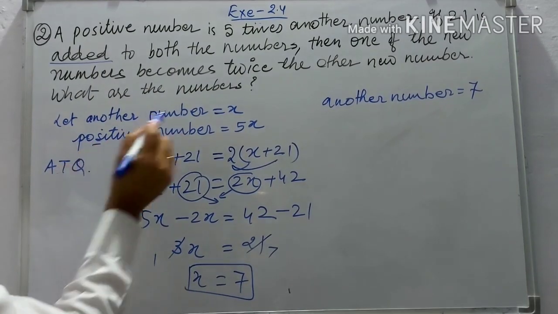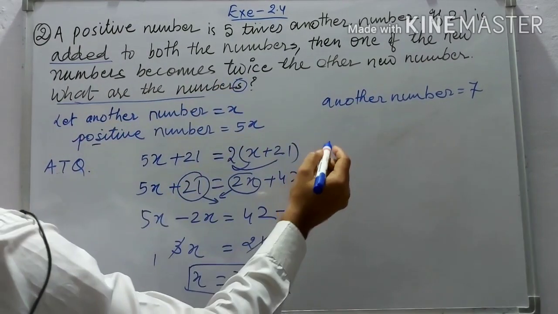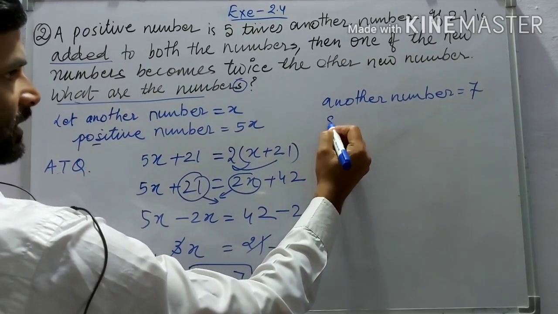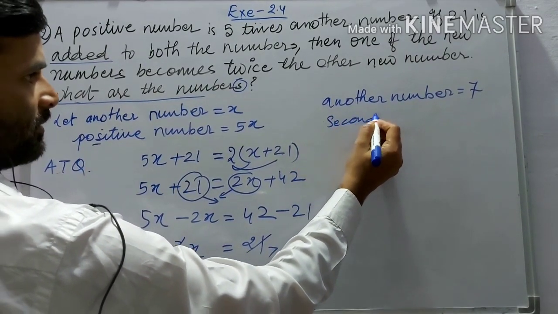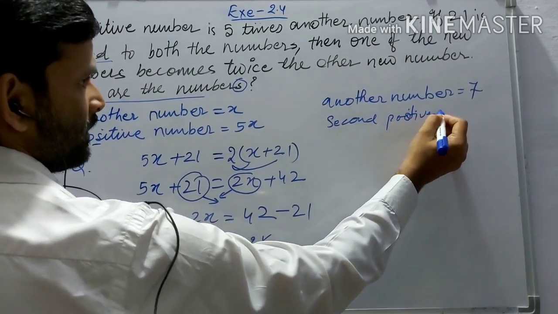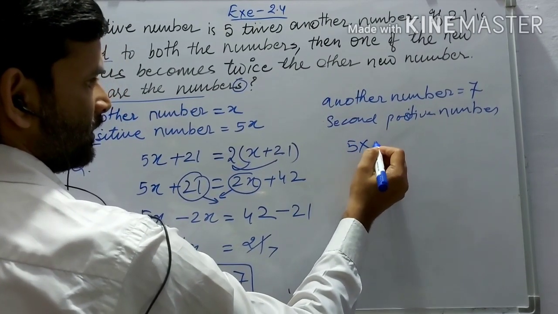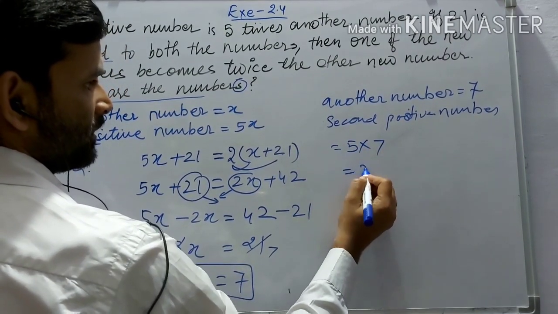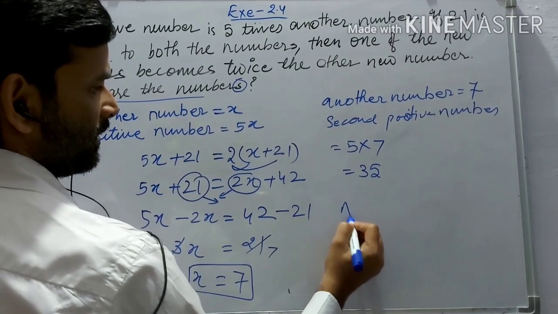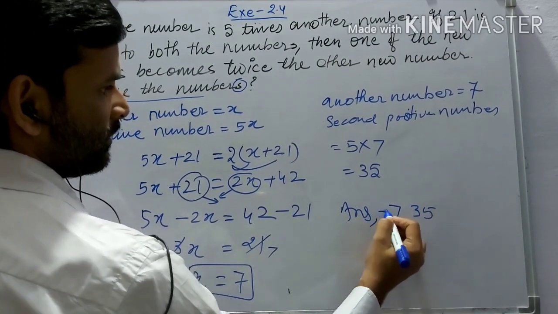The positive number is 5 into 7, which is 35. The answer is 7 comma 35.